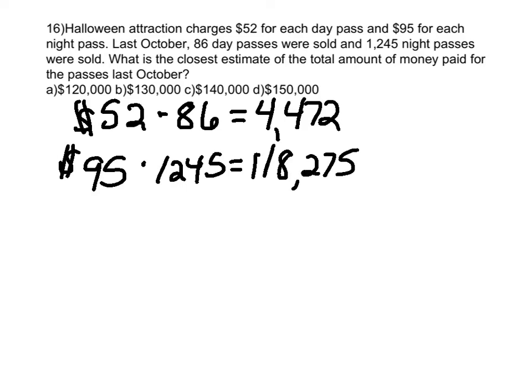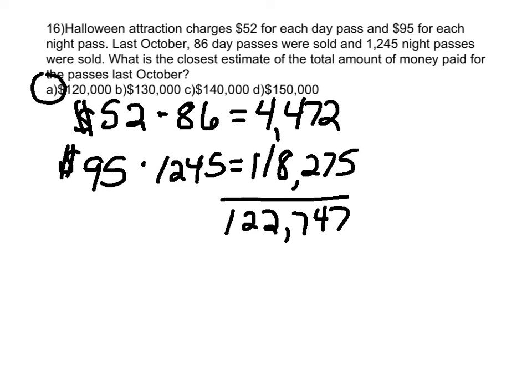Now, what some kids do is from this point, they'll go ahead, add that, and then they'll estimate or round and look at the options that they have for A, B, C, and D. So if you did it this way, you would see that A would be your best option.